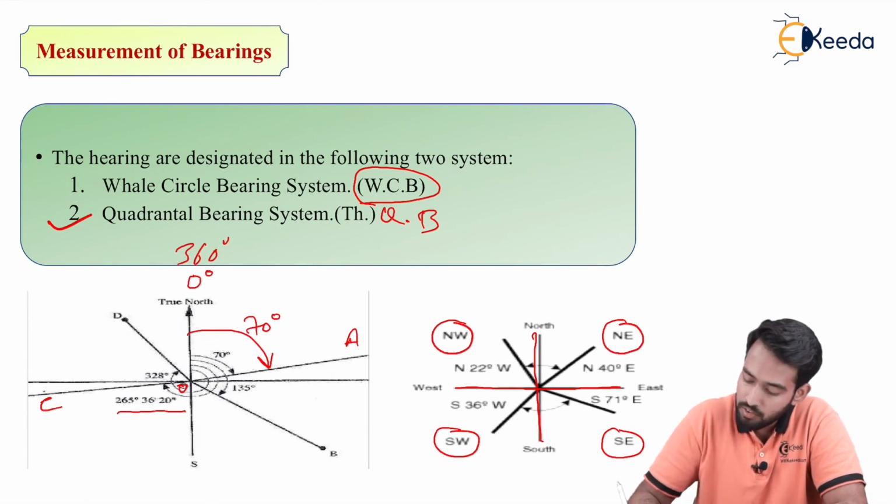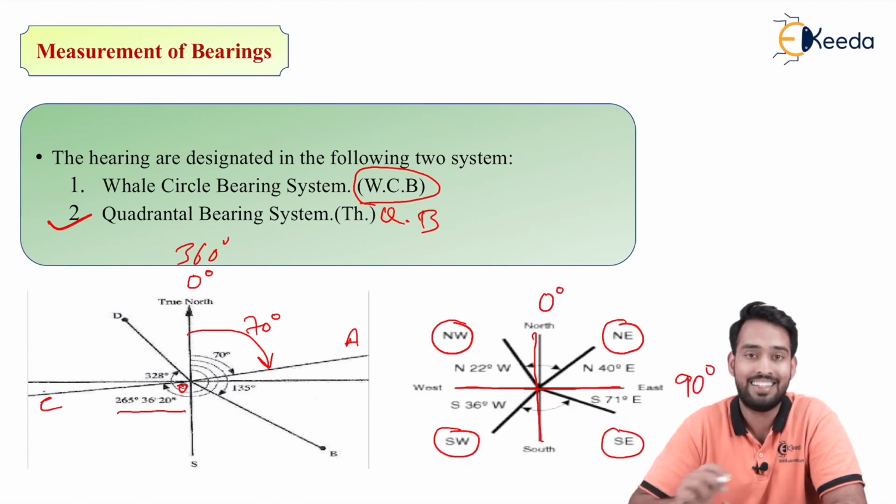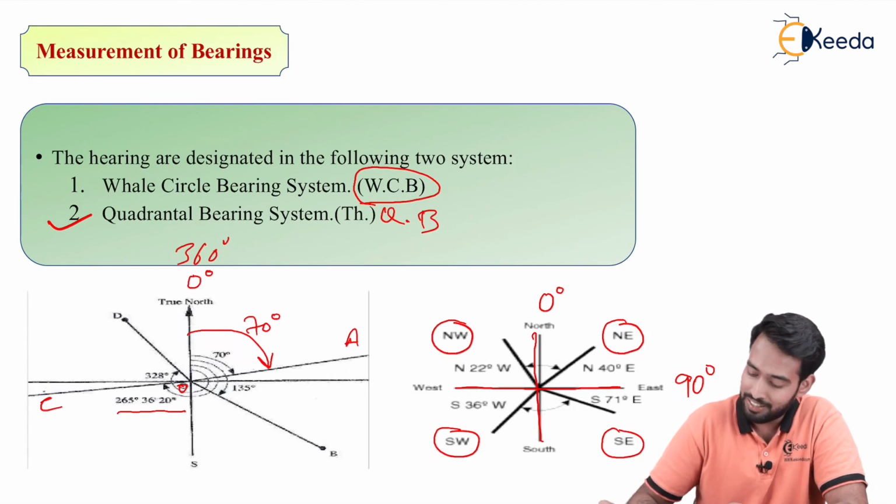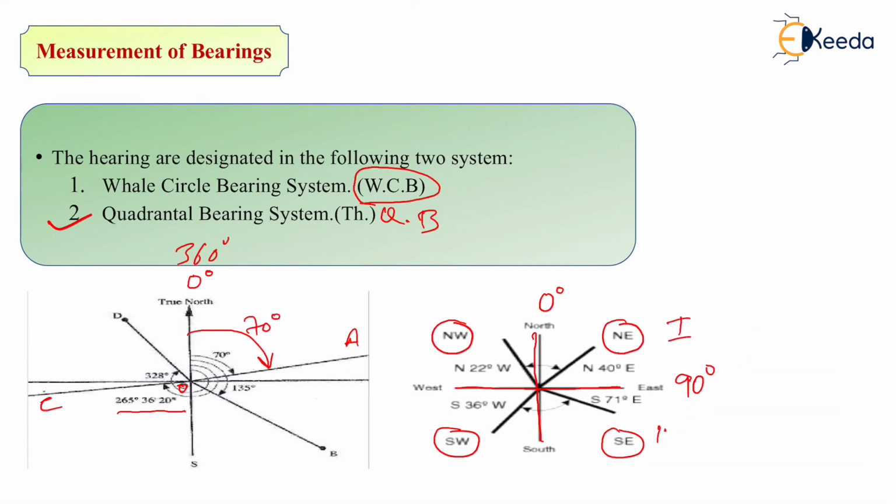So in this system, we'll get minimum 0 degree and maximum 90 degree. So we'll get whether your line is in first quadrant, second quadrant, third quadrant or fourth quadrant. Accordingly, we'll name it. For giving a simple example, if your A lies in northeast, we'll calculate angle with respect to north direction because it is nearest, and we'll denote it as north 40 degree east.